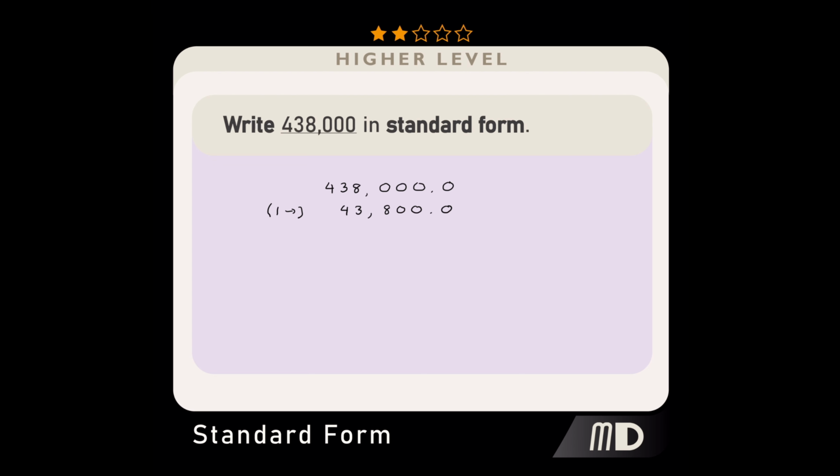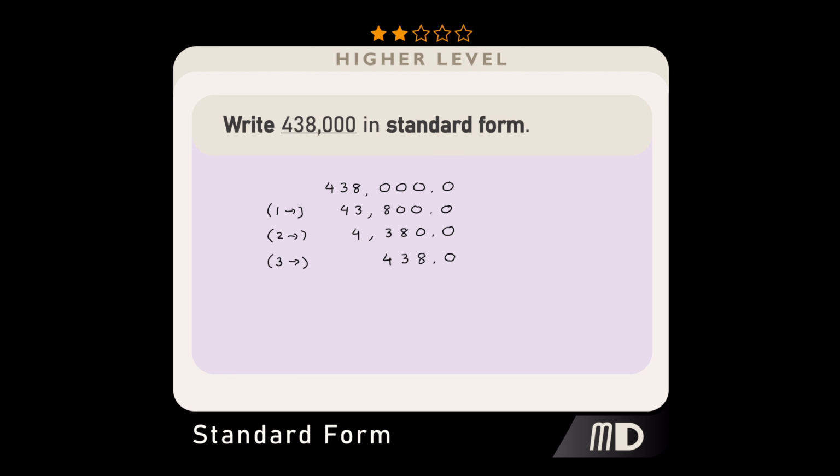Then, moving the digits a second place to the right gives us 4,380.0. Moving the digits a third place to the right gives us 438.0.